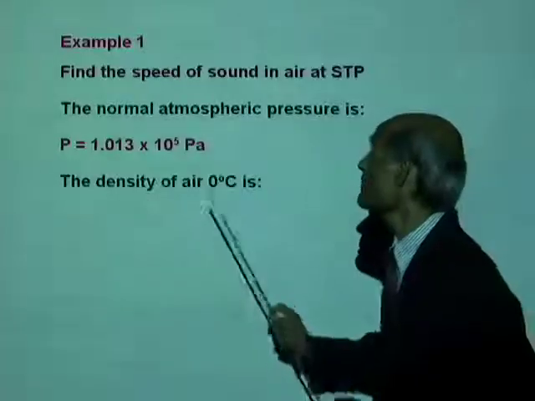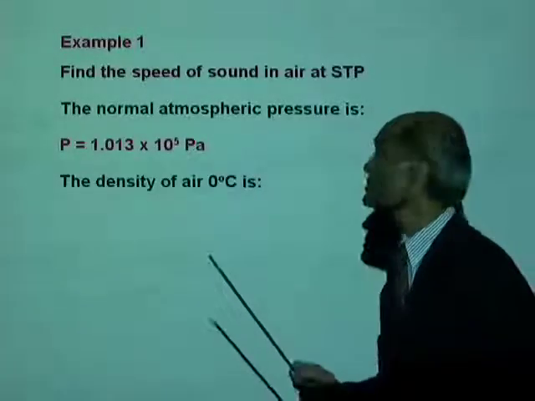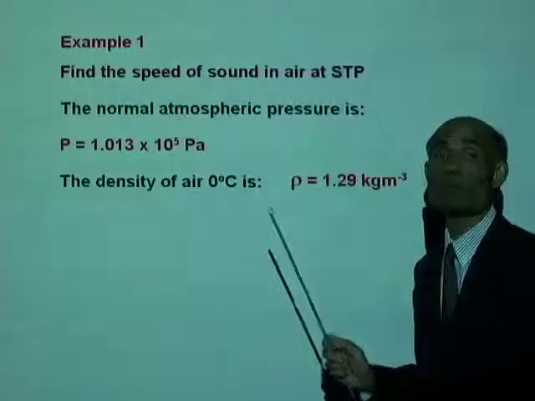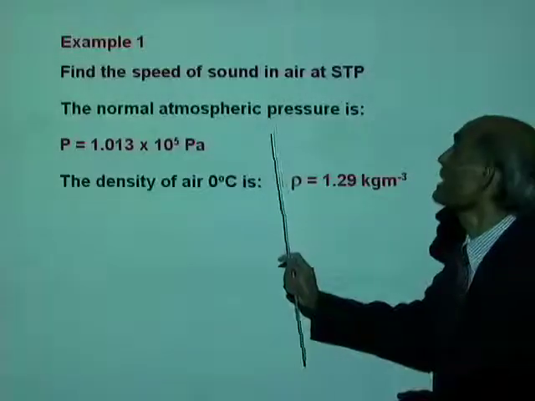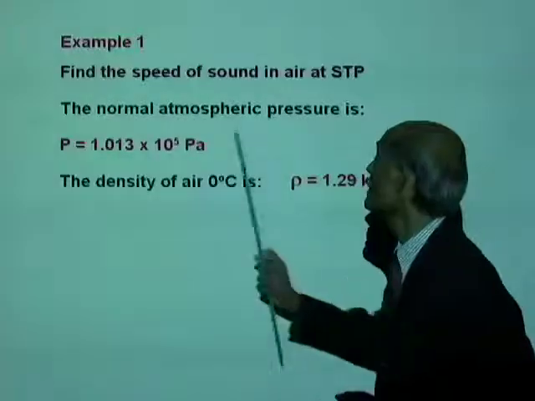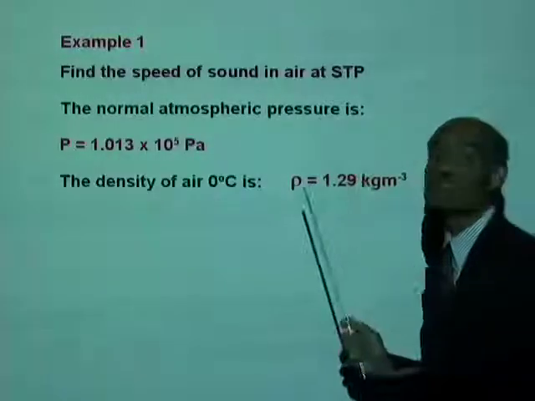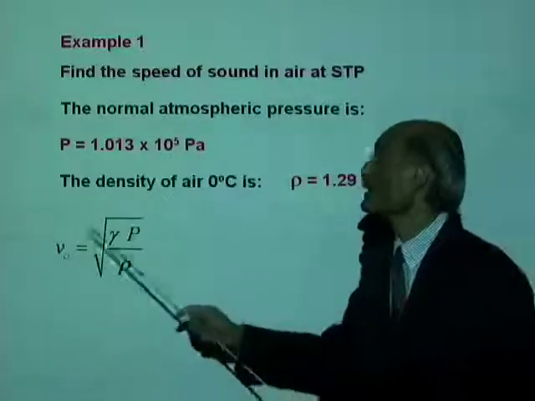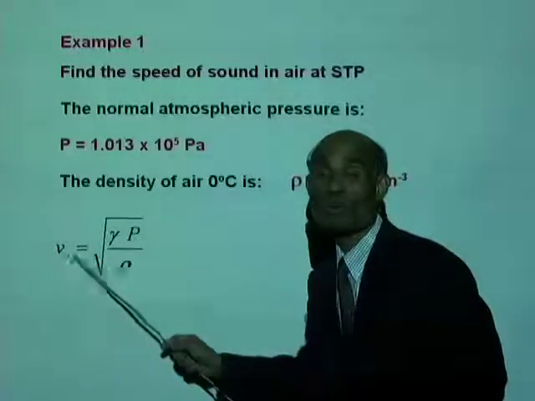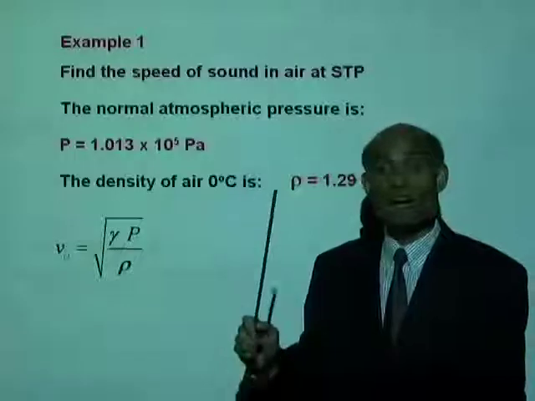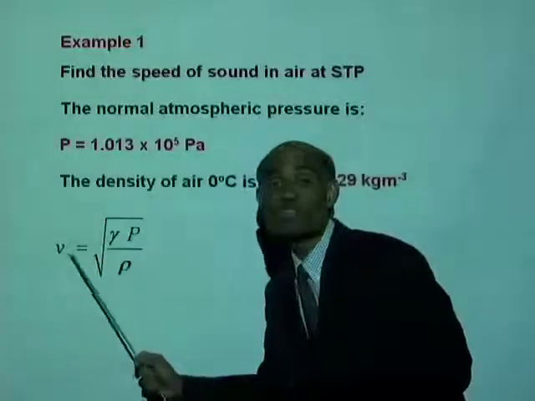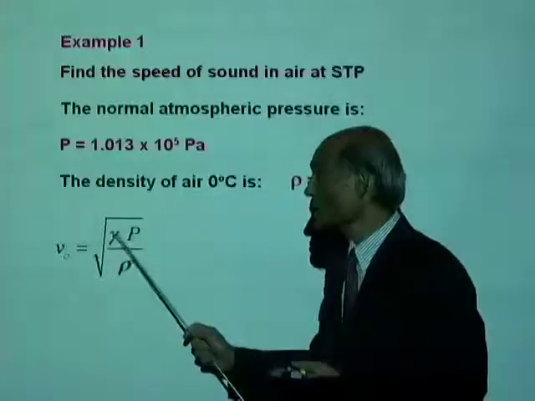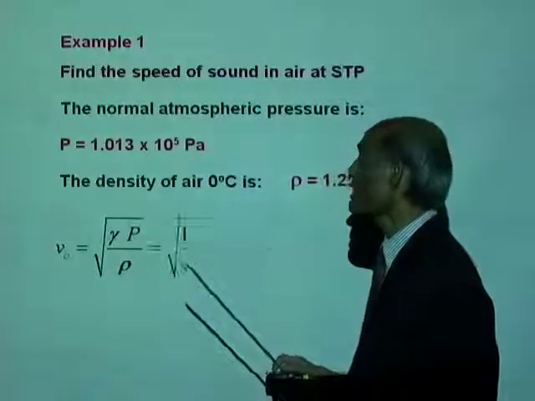And the density of air at 0 degrees Celsius is 1.29 kilogram per meter cube. So we got the value of P, we got the value of density, and you know the value of gamma. We have V0, the speed of sound at 0 degrees Celsius, STP, is square root of gamma P over rho.